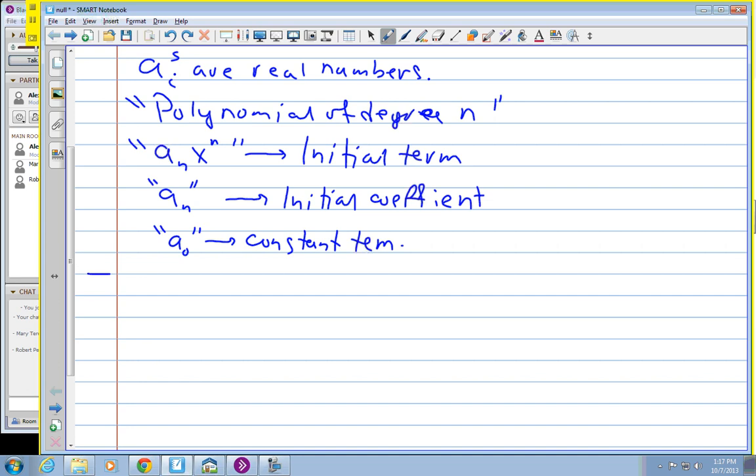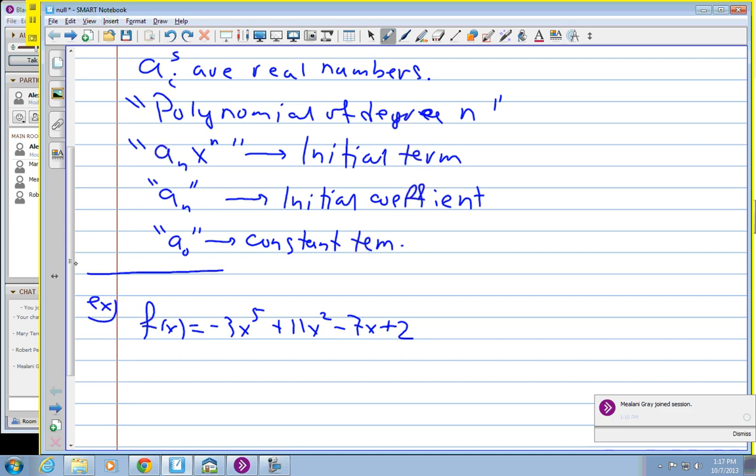So if I just give you an example of a function, let's say f of x equals negative 3x to the power 5 plus 11x squared minus 7x plus 2, something like that, that would be an example of a polynomial function. So all you're looking for is that exponents are positive integers.